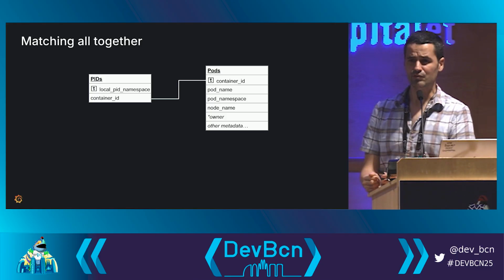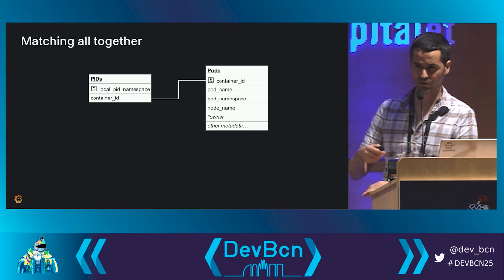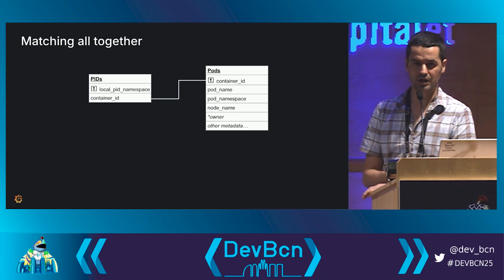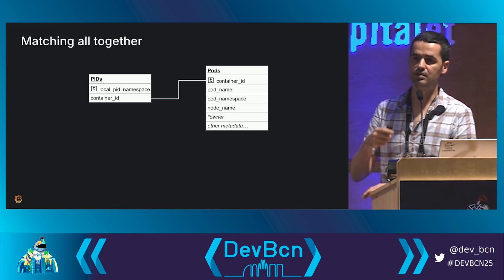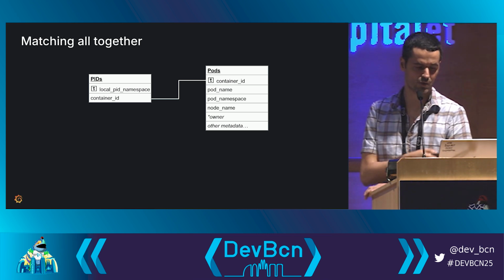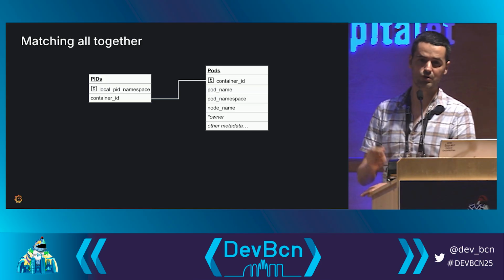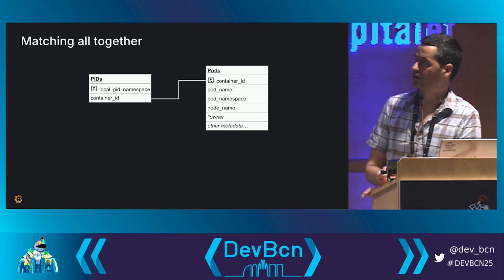Fortunately, from the process information in the proc file system, we can know the container ID. We can extract the identifier of the container that runs that process. Imagine the process that is being instrumented, because Beyla can instrument multiple processes in your host.